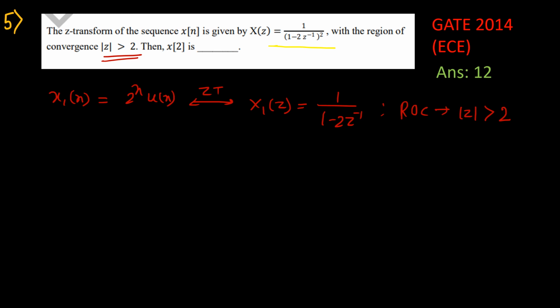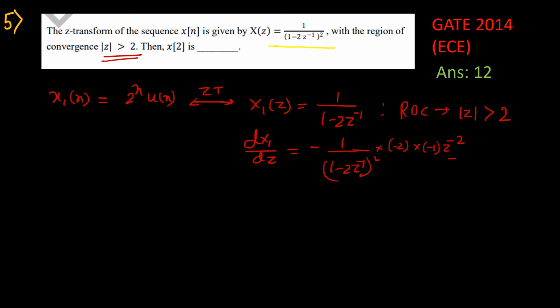Now we'll just take the derivative on both sides. So dX1 by dz will be minus 1 upon 1 minus 2 z to the power minus 1, that squared, and then this is a minus sign, so minus 2, then again minus 1 times z to the power minus 2. I hope you have got this one. Just the derivative of the other term, minus 2 times minus 1 multiplied by z to the power minus 2.